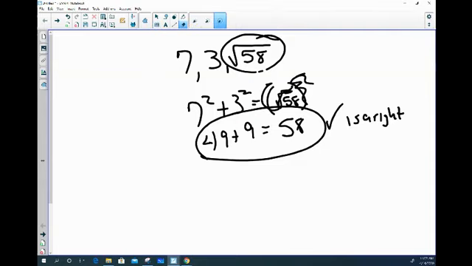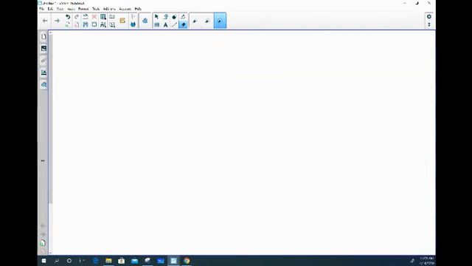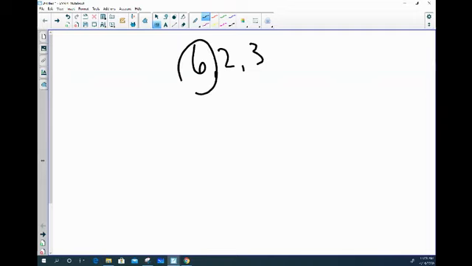What if I'm given the numbers 6, 2, 3? Those are the side lengths. Well, I know that 6 is the biggest, so I know I'm going to rearrange it: 2, 3, and 6.